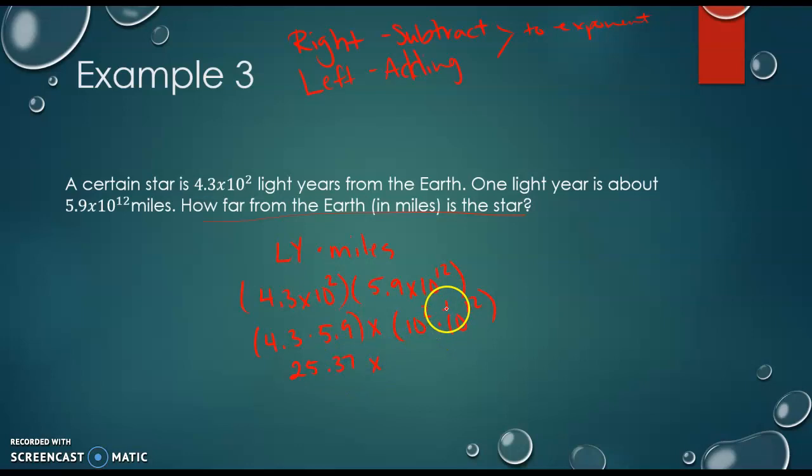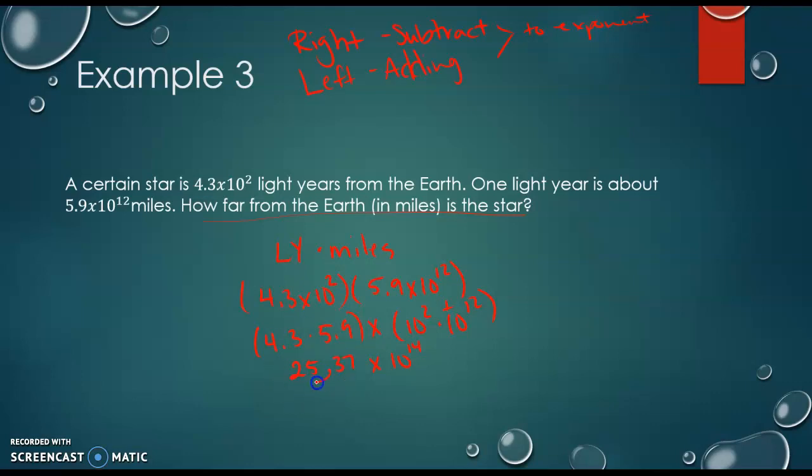times, and then we're going to add these exponents because we have the same base, so this would be 10 to the 14th power. Notice that we're taking everything we learned in our previous lessons about exponents and using them for scientific notation. Now here, this is not a single digit.